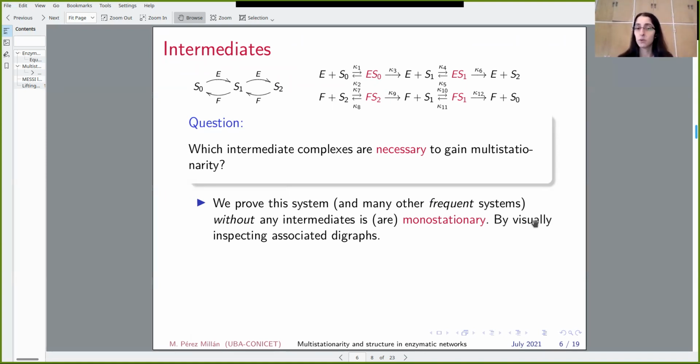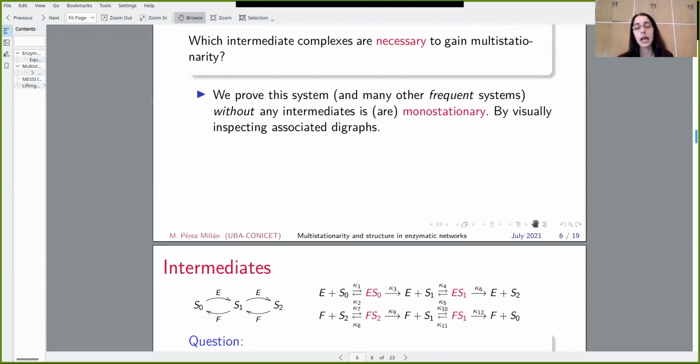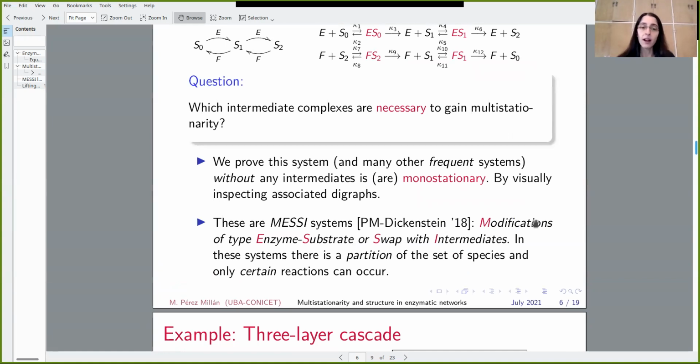So where do these digraphs come from? They come from a previous work with Alicia, and they're called MESI systems. MESI stands for modifications of type enzyme substrate or swap with intermediates. In these systems, they are special because there's a partition of the set of species, and only certain reactions can occur.